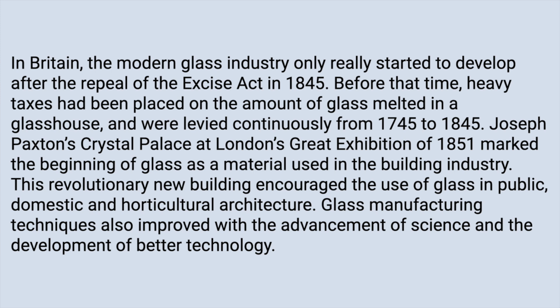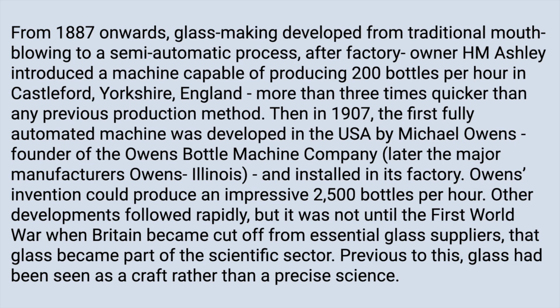Glass manufacturing techniques also improved with the advancement of science and the development of better technology. From 1887 onwards, glassmaking developed from traditional mouth blowing to a semi-automatic process, after factory owner H.M. Ashley introduced a machine capable of producing 200 bottles per hour in Castleford, Yorkshire, England, more than 3 times quicker than any previous production method.